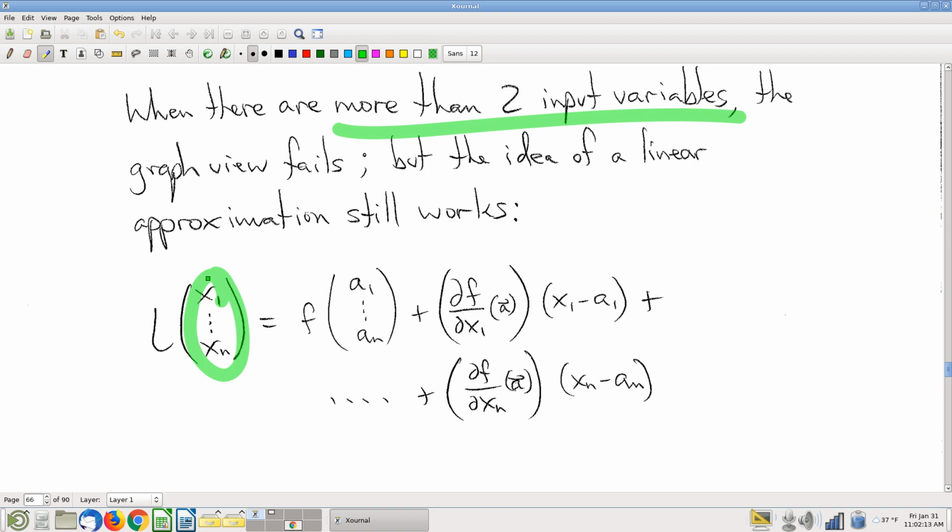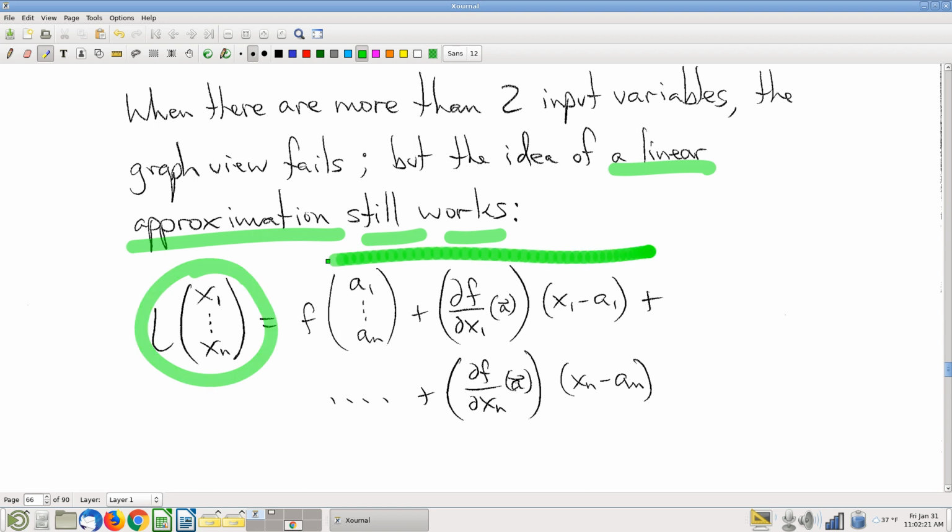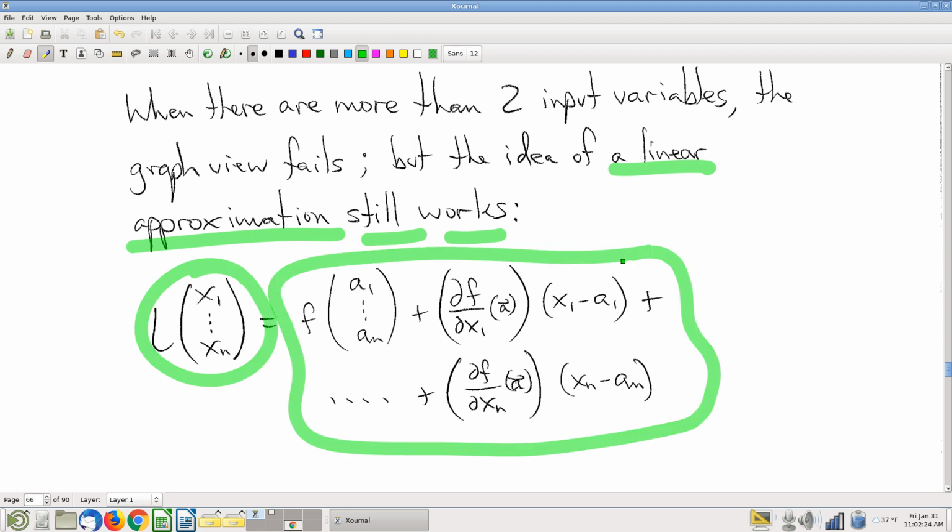But notice that you can still talk about the linear approximation itself. I claim this is the formula for it: a function that has the same value as f at the point A, and that has all of the same partial derivatives as f at A. In other words, if I could visualize the graph, this plane-like thing, whatever that is, up in R^(n+1), it would have all the same slopes in all the given directions.